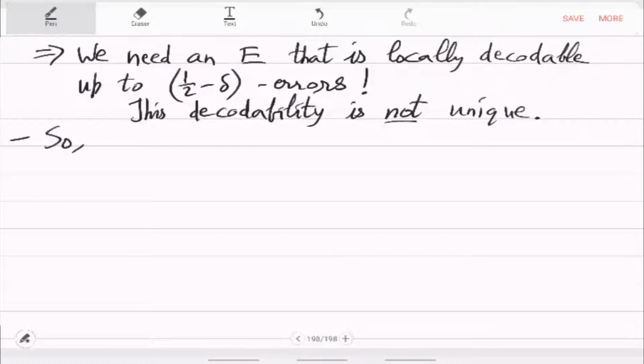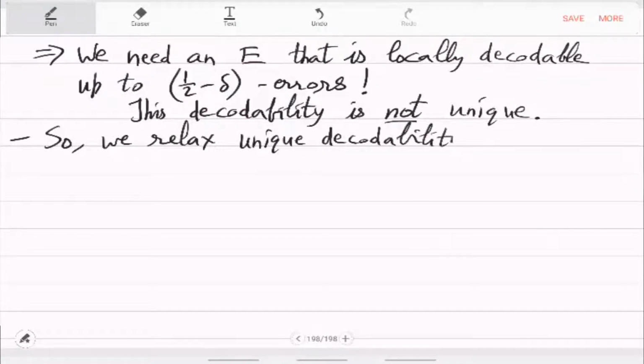So, we relax decodability, unique decodability, to that of finding a list.